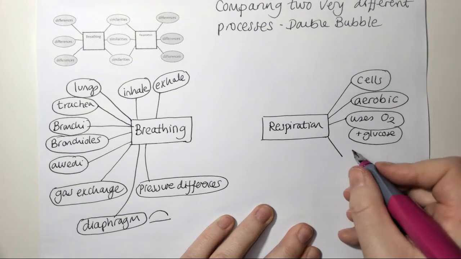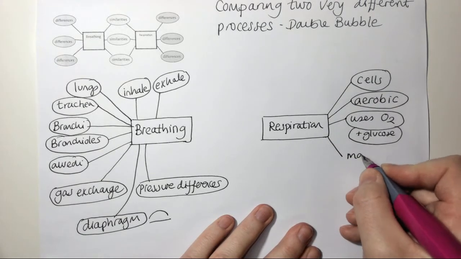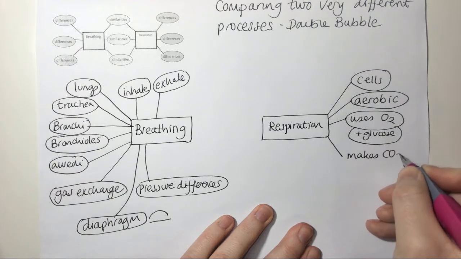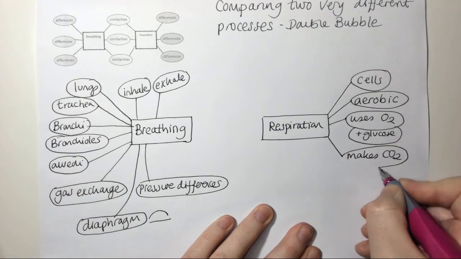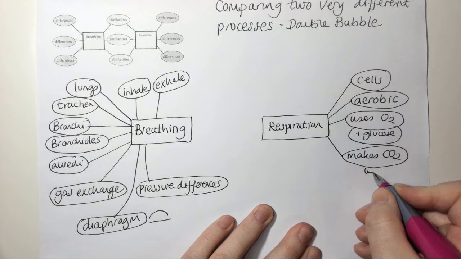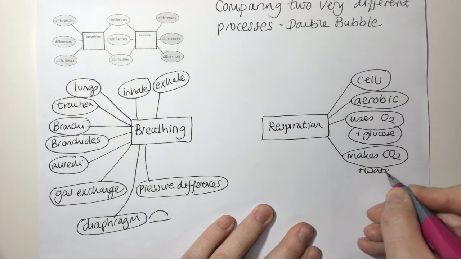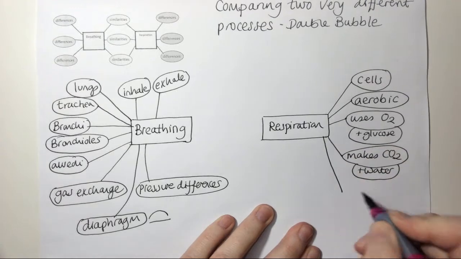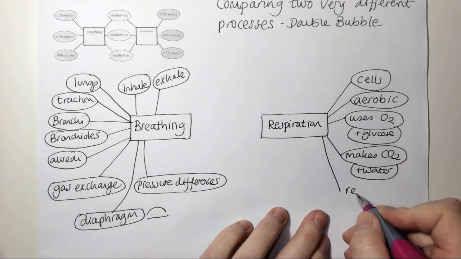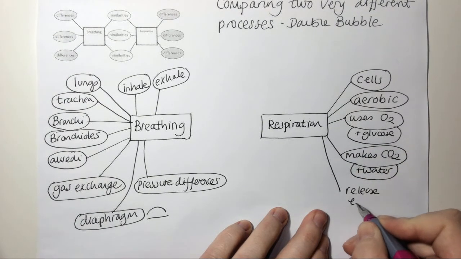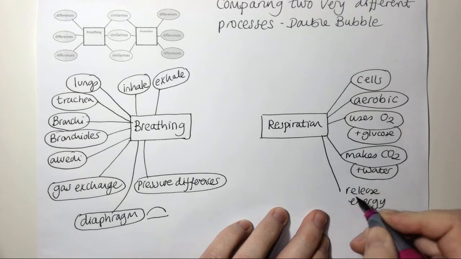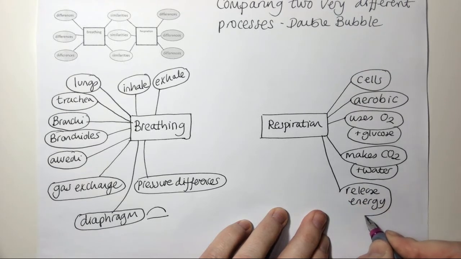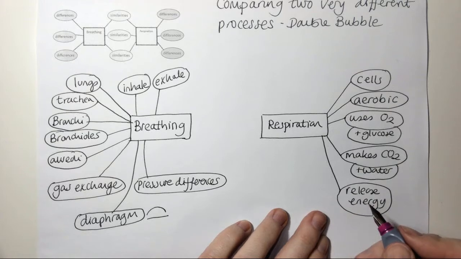And what does it make? Well, it makes carbon dioxide and water. What's the point of it? Well, the point of it is to release energy for lots of processes to happen.